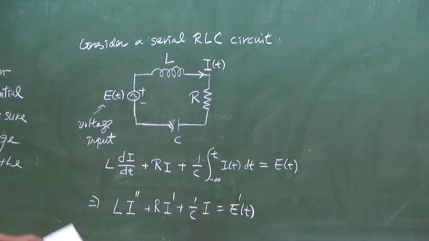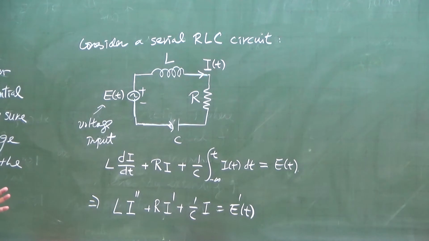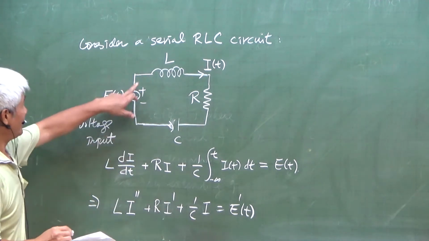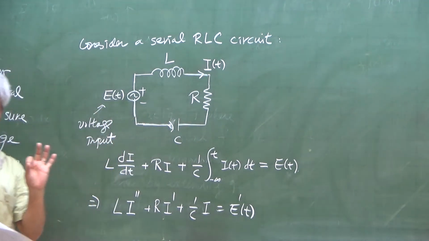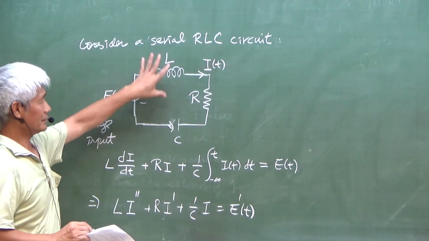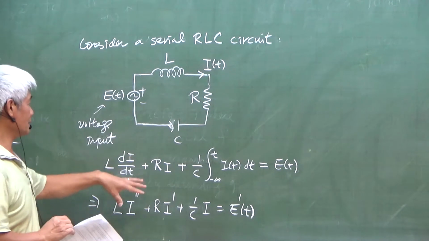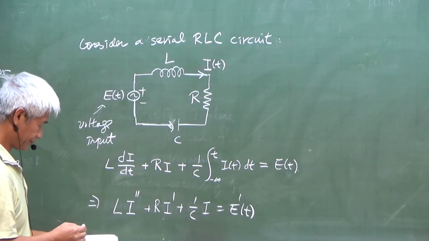Okay? So now this is a second order ordinary differential equation with constant coefficients. Suppose all these R, L, C are constant. It is possible they depend on time or even on other parameters, but for our study, I just assume that they are constant.